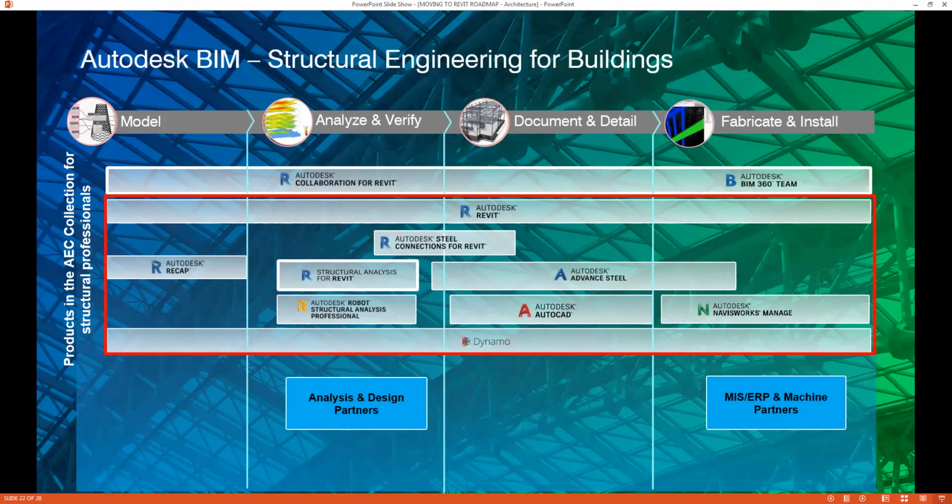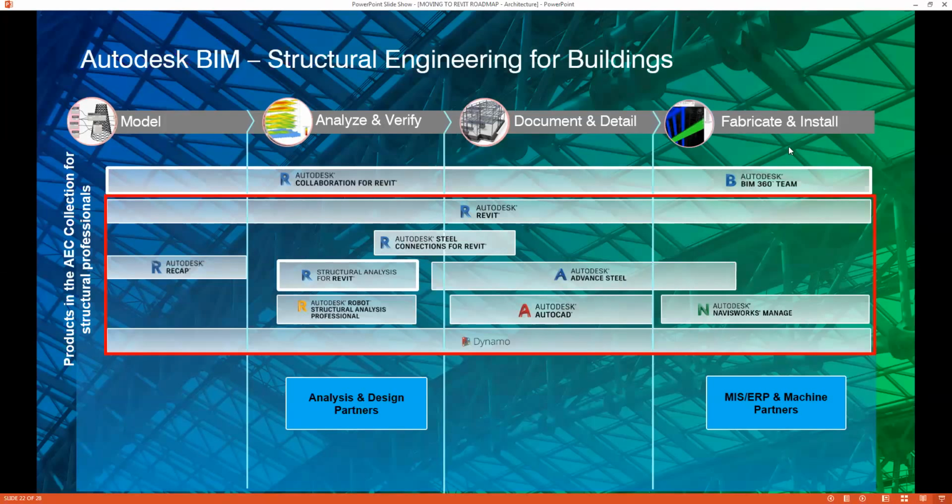And I know that Revit 2019.1 has included tools to bring it into Revit fully. Advanced Steel also helps you in your steel design for steel structures, steel bridges, anything that is steel. Autodesk Advanced Steel will help you do that, and it is part of the AEC collection. AutoCAD is useful here, and Dynamo as well.